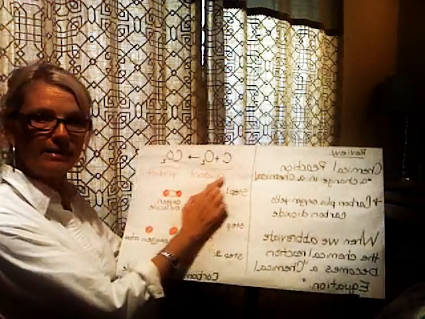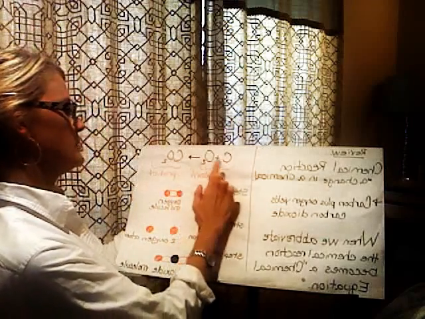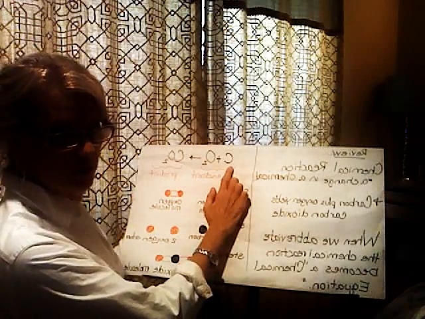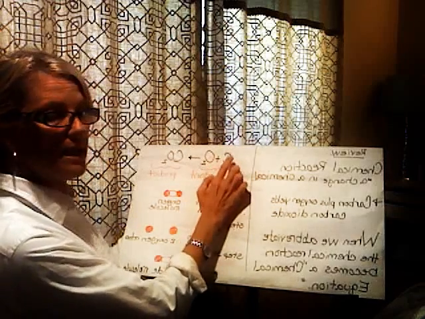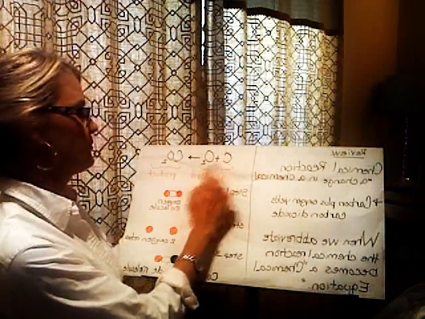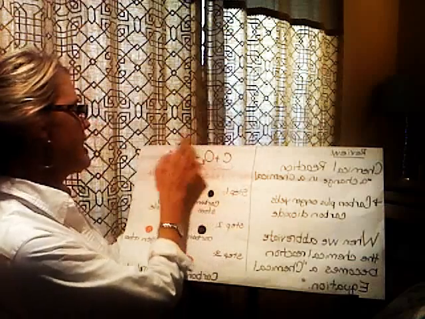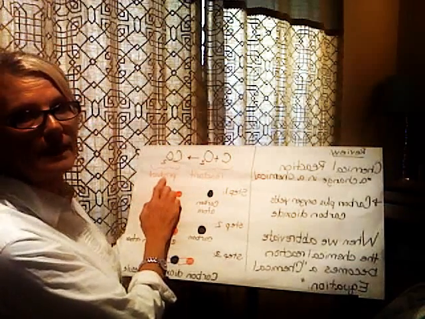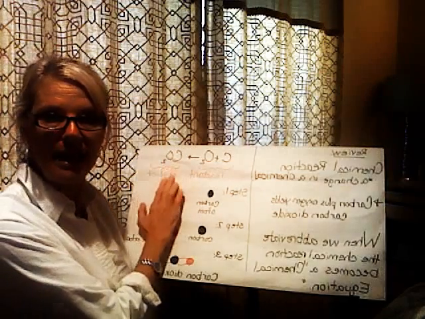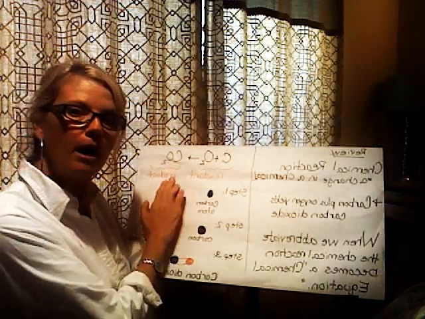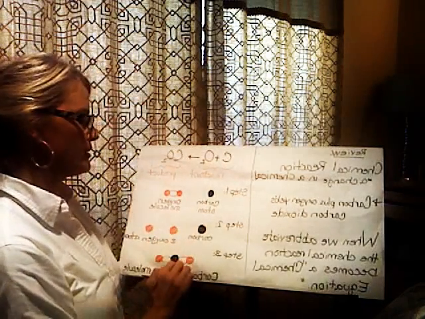Let's remember that the numbers to the left of the arrow are the reactant side, because those are the substances, the atoms and molecules that will react together. And on the right side of the yield sign is the product side, which says that those are the atoms and molecules that are being produced by this chemical reaction.